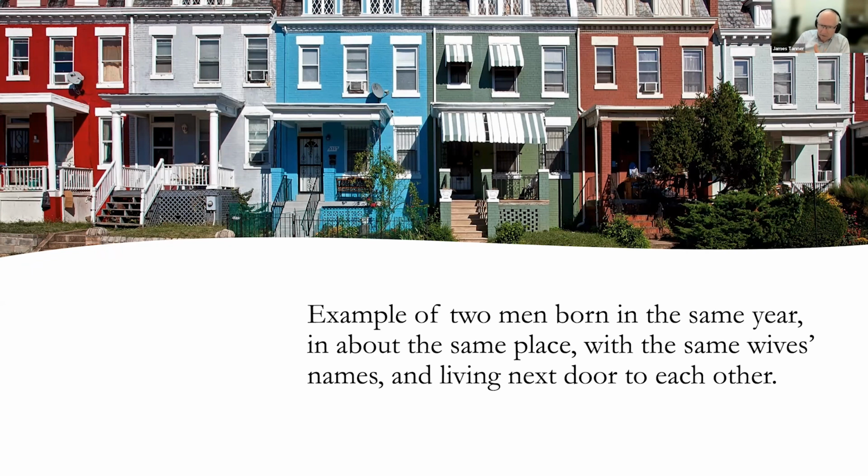And it turned out that these two men were born in the same year, at the same place, with the same wives, and they lived next door to each other. All the records were showing almost exactly the same information about these two men, who married wives with the same name and then named their kids all the same.